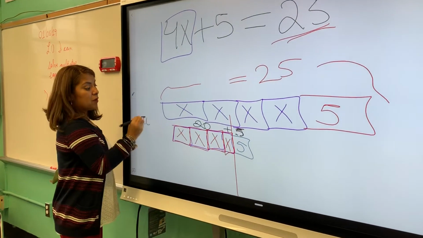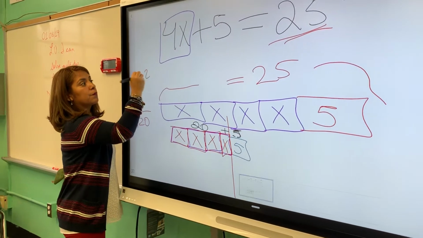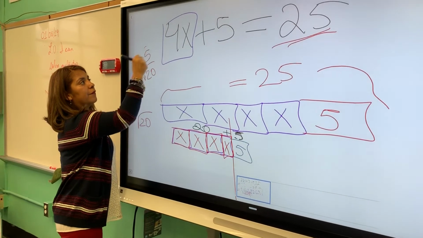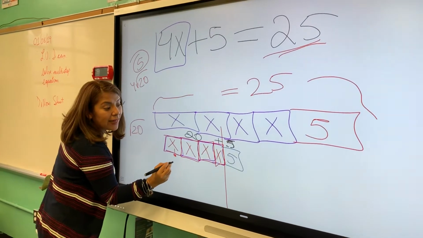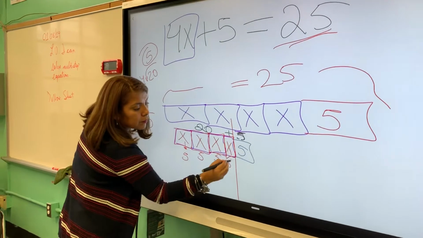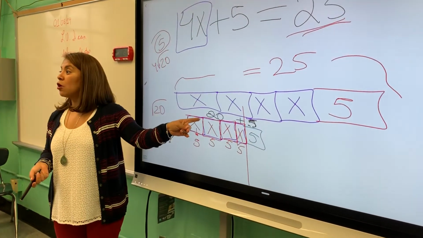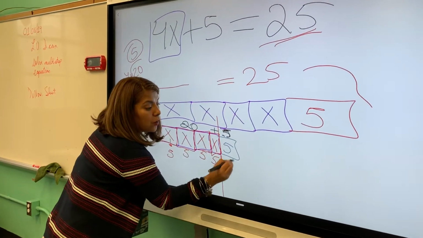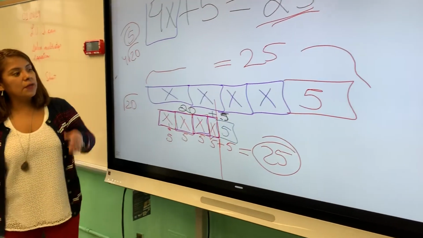I'm going to divide my 20 by 4, which is going to give me 5. Each of my x is going to count as 5, and that's going to give you a total of 20. 20 plus 5 is equal to 25.